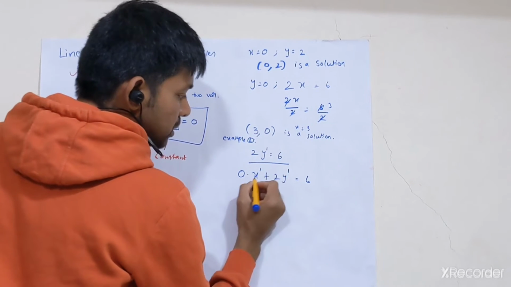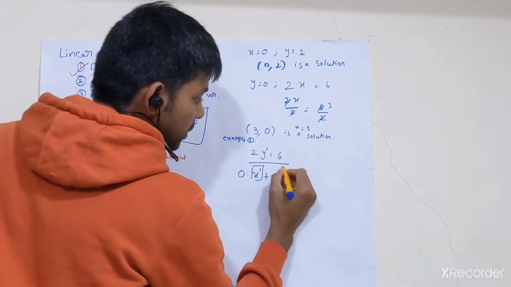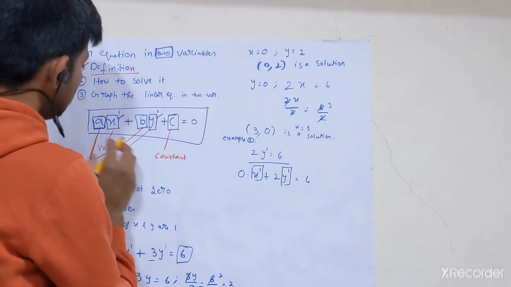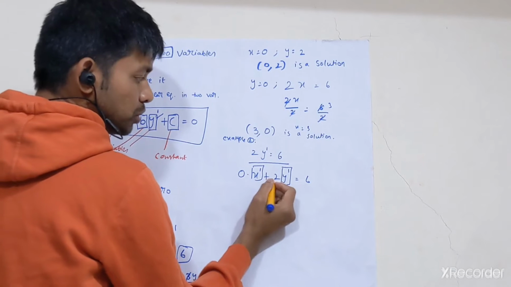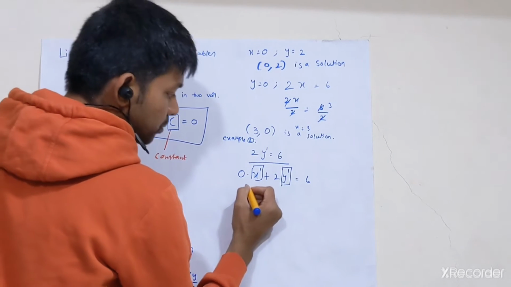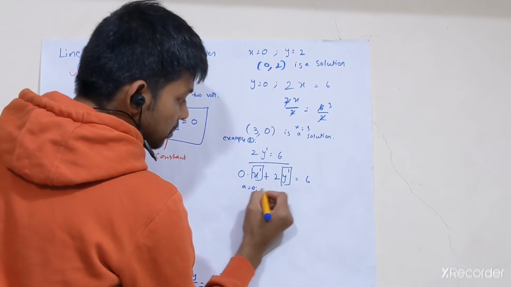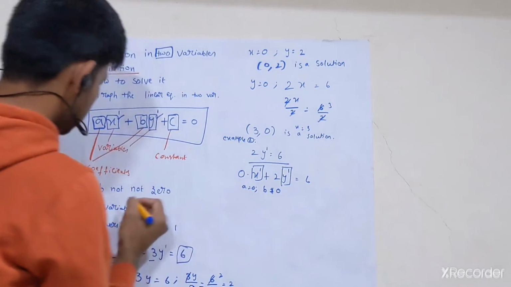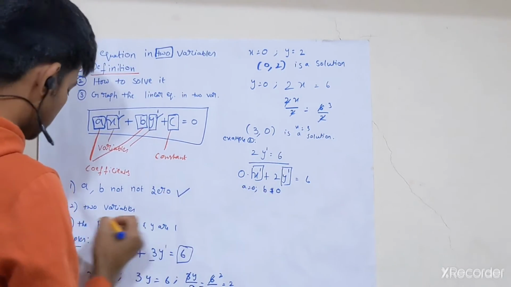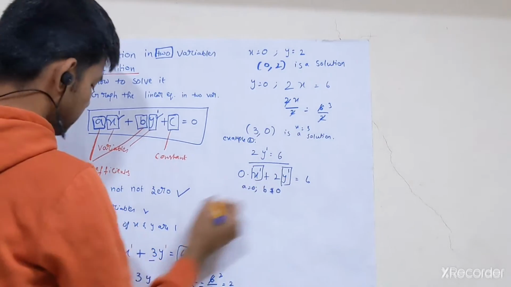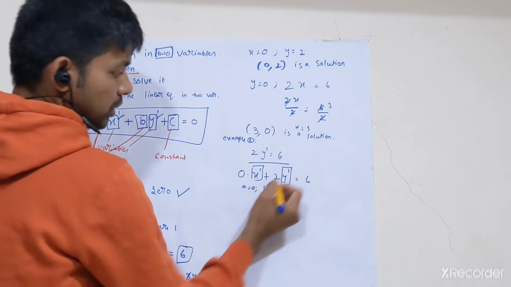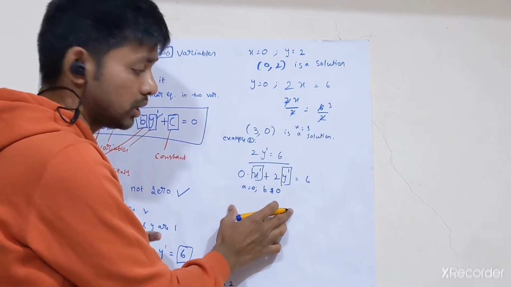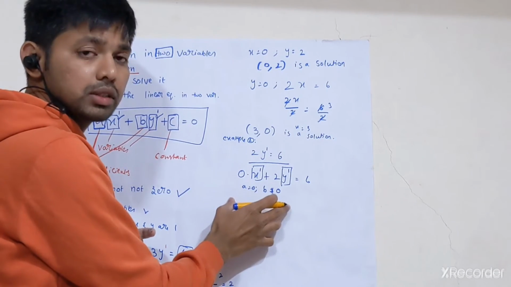You can see the power of x is 1 and the power of y is 1, and a and b are not both 0 because a is equal to 0 but b is not equal to 0. This condition has been met, and the two variables x and y are there, with powers 1 and 1. So this can be called a linear equation in one variable and also a linear equation in two variables.